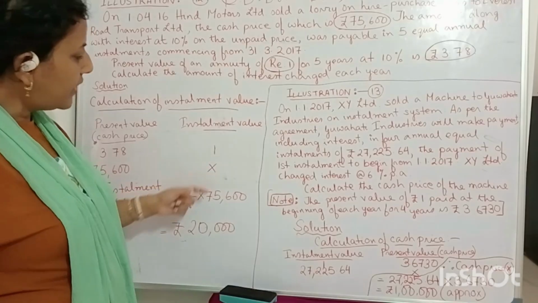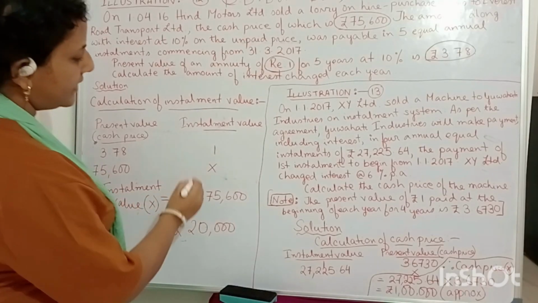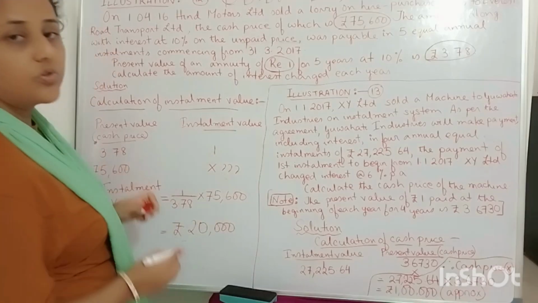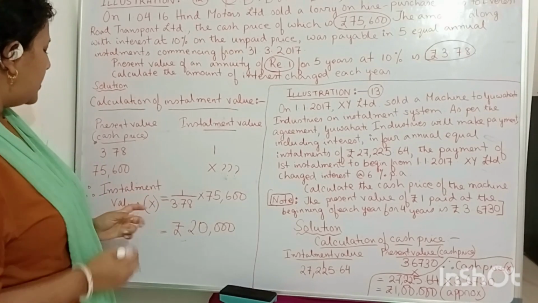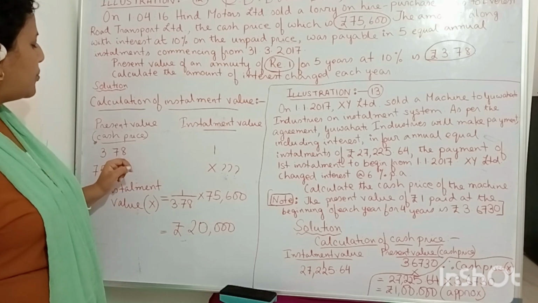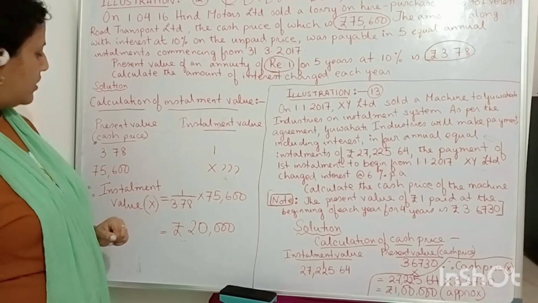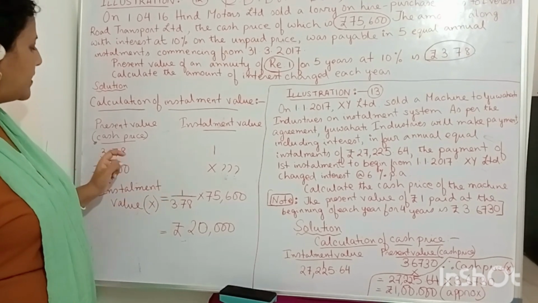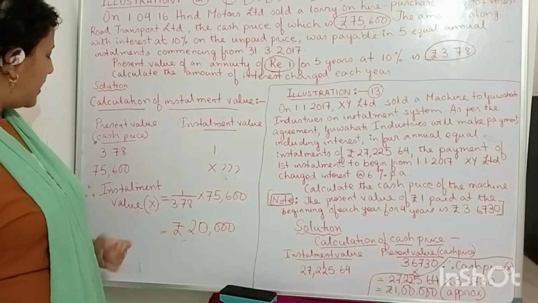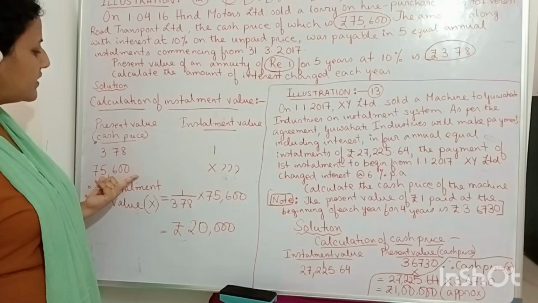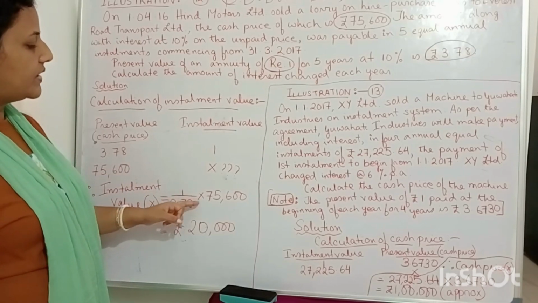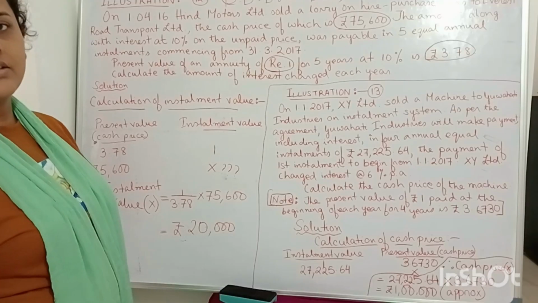We have written it as x, and this figure is to be taken out. So installment value x equals: when it is 3.78, it is 1; when it is 1, it will be 1 by 3.78; and when it is 75,600, it will be 1 divided by 3.78 into 75,600.